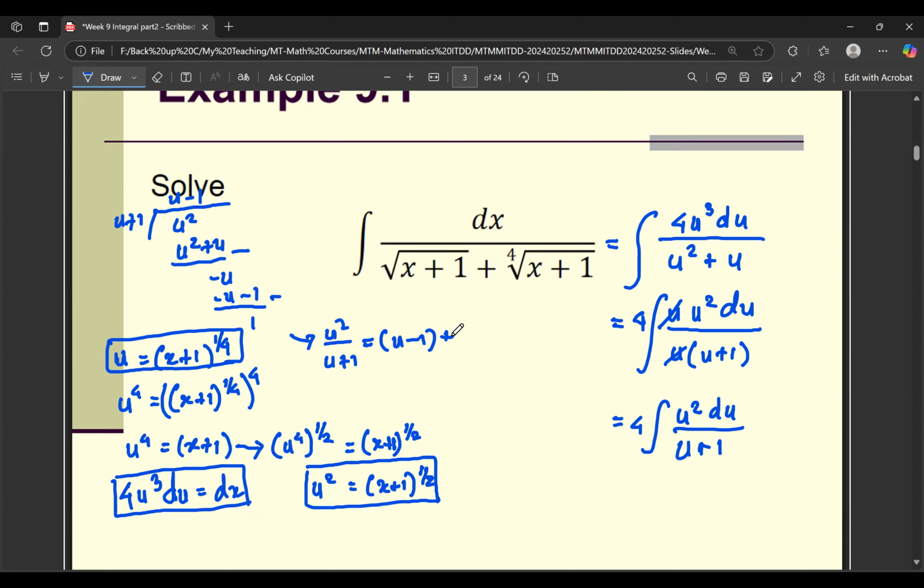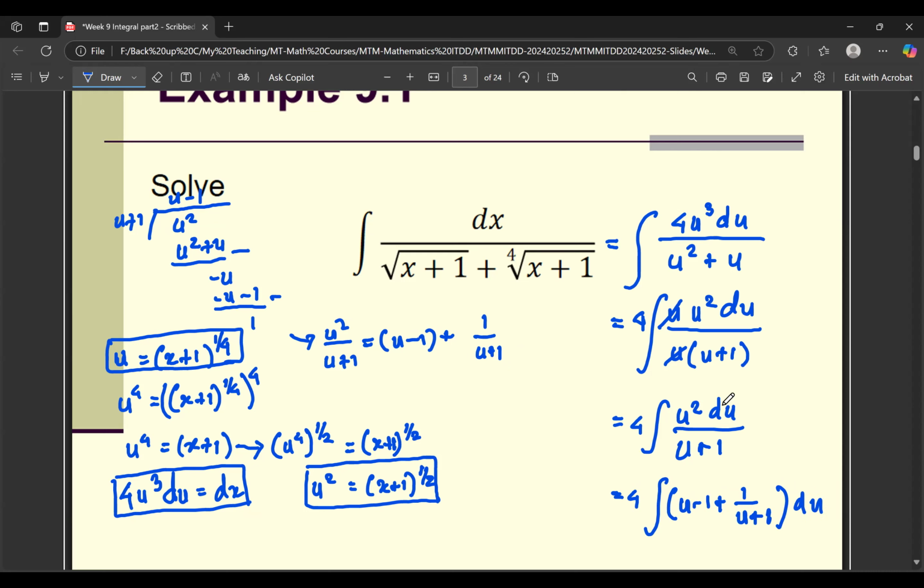Then we have the remainder 1, divided by the denominator u plus 1. So our integral becomes 4 times the integral of u minus 1 plus 1 over u plus 1.